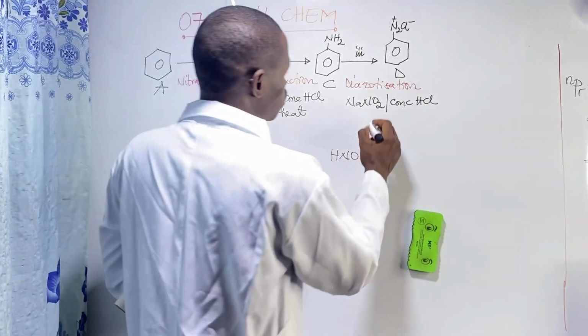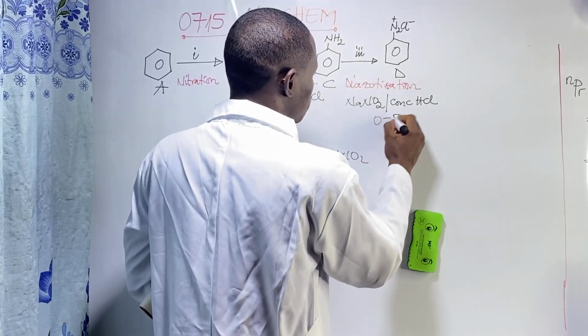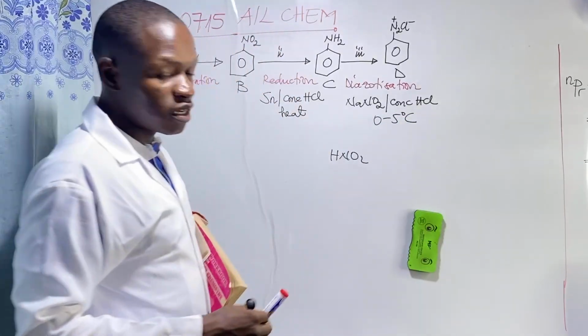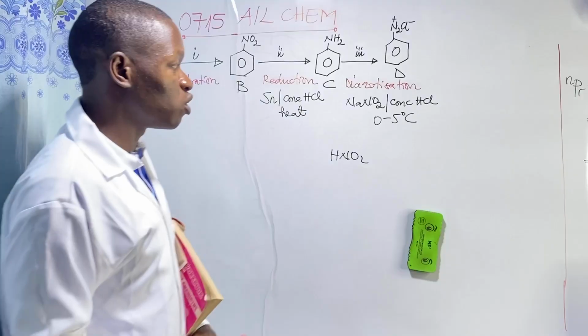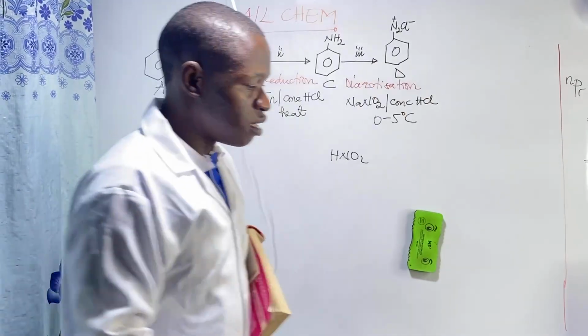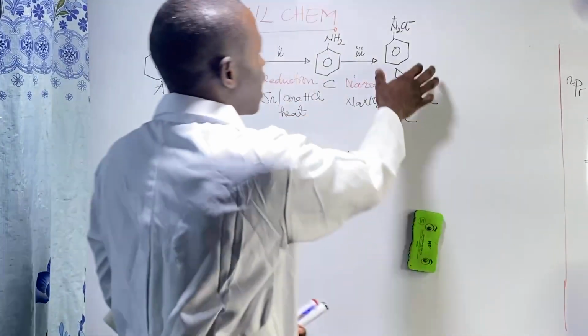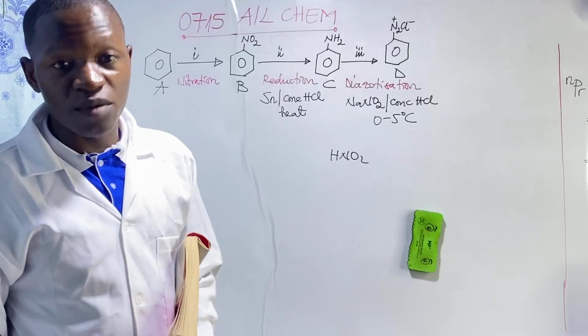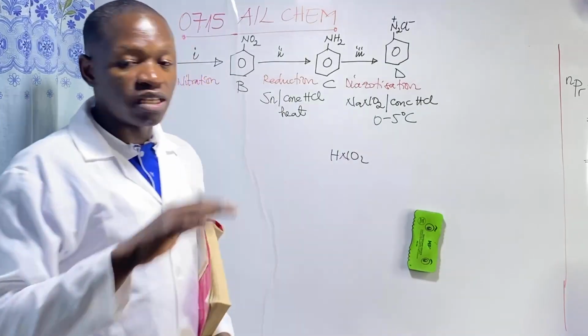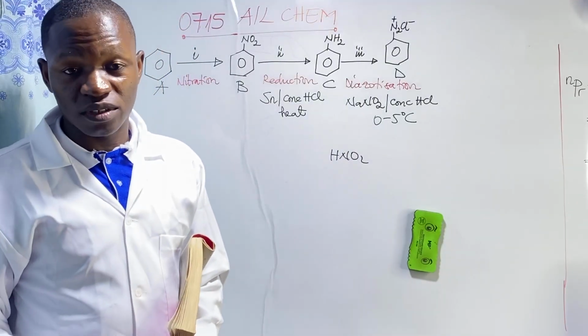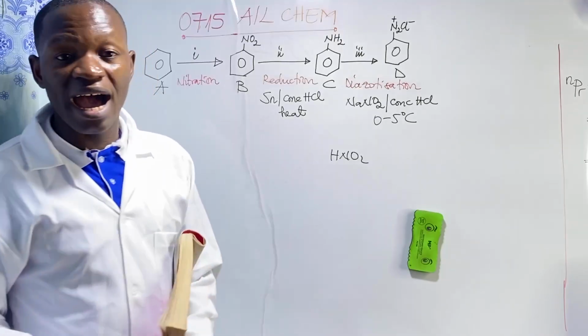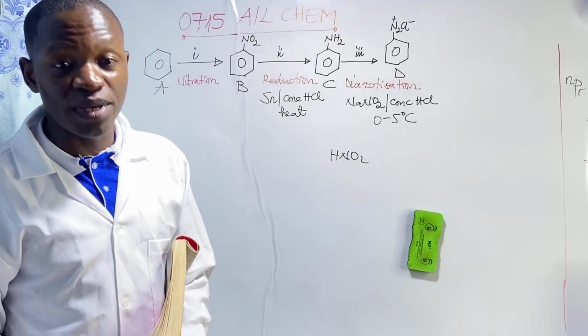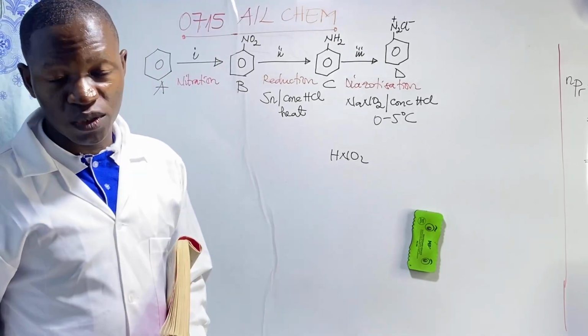Then the condition is 0 to 5 degrees Celsius. That is the reaction condition. Why? Because the diazonium salt is very unstable. So we carry out the reaction at low temperatures due to the high instability of the diazonium salt.